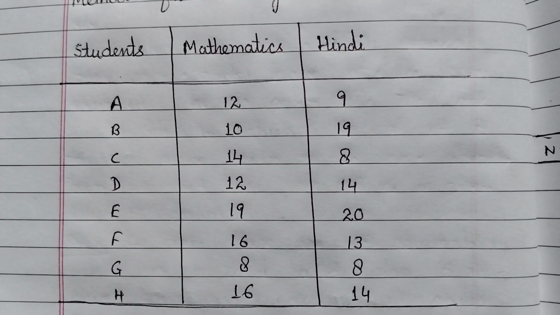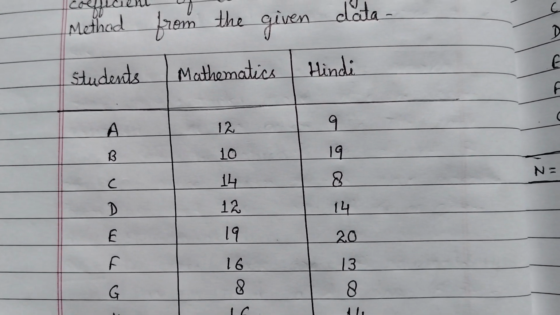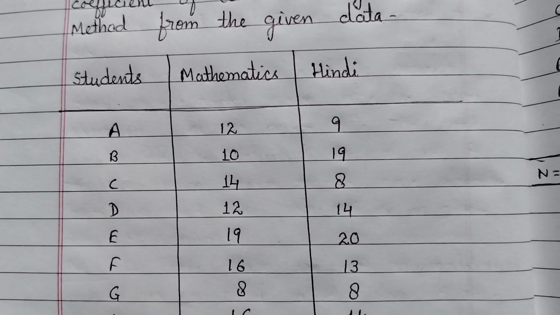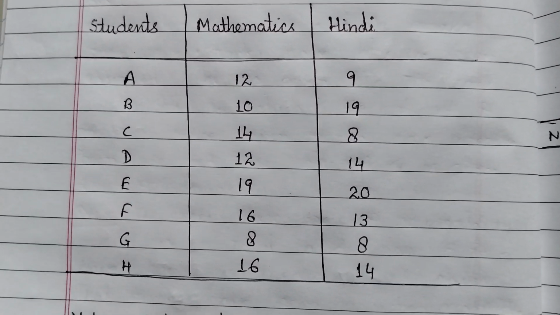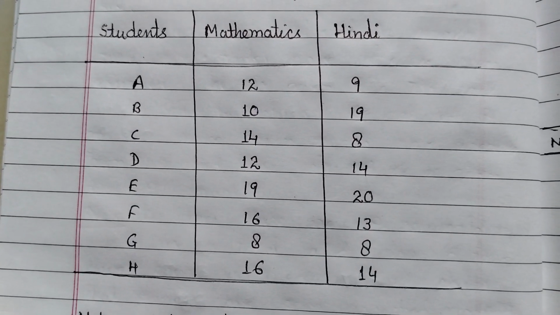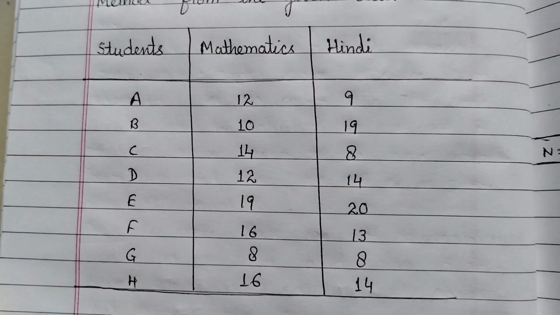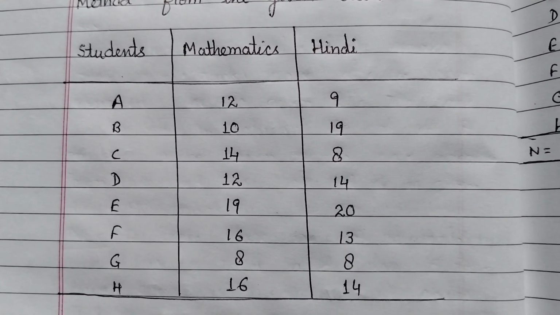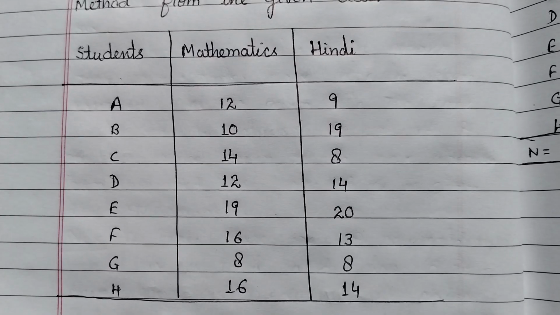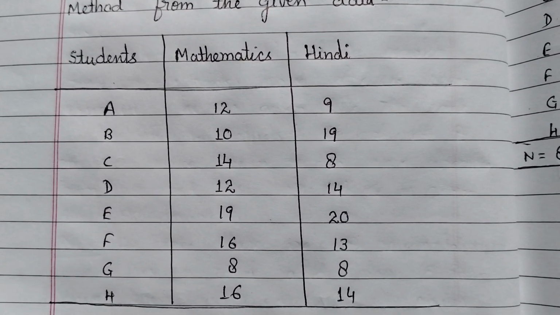If the students are securing good marks or highest marks in mathematics, at the same time they are not doing well in Hindi. If this type of data is observed, then negative correlation is found. So higher negative correlation means that it is significantly seen that one student or some students are very good in mathematics.